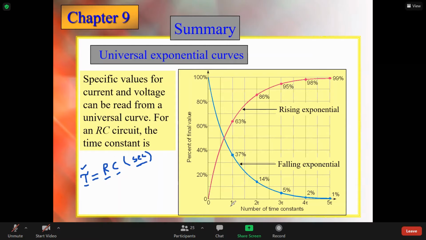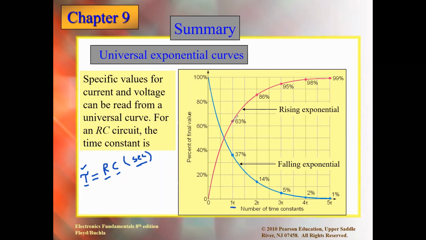According to the time constant, at one time constant, the capacitor will charge to 63% of its final value. That is, if you are applying 10 volts to the capacitor, it will reach 6.3 volts in one time constant. Now at two time constants, it will reach 86%, or 8.6 volts if the source is 10 volts.